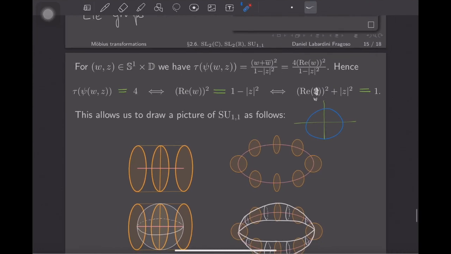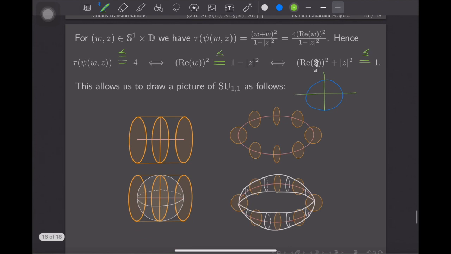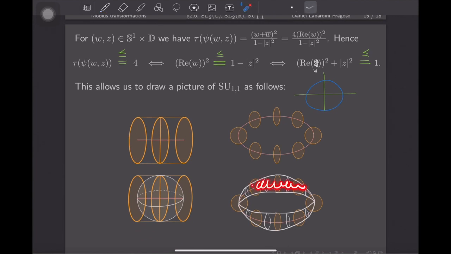Now, when do I get elliptic? Here, here, here. So the elliptic ones live inside the sausages, but not in the skin, right? And when do I have hyperbolic? Here, here, here. If I didn't screw up. I think it's correct. Yes, I think it's okay.